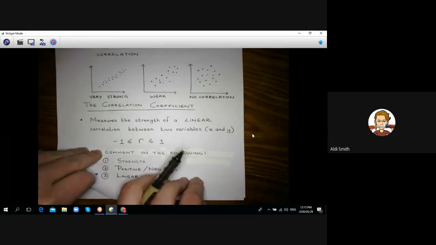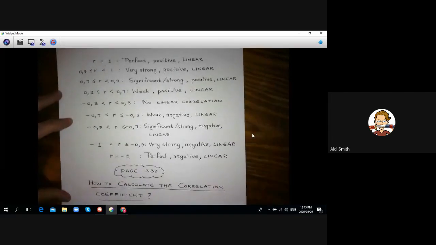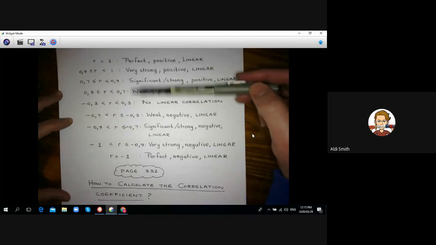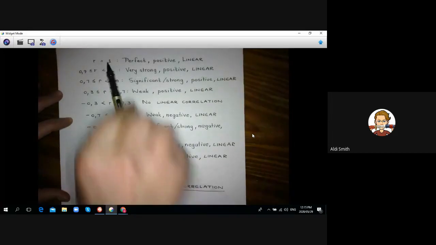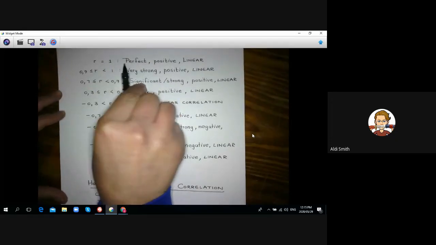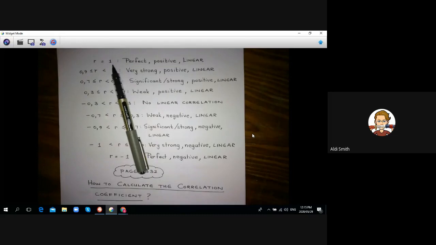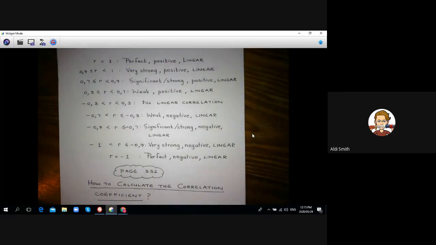Okay. So this is in your textbook on page 332. And this is pretty much your description of all the correlations. So if a correlation is equal to +1, that is what we refer to as a perfect correlation. So a perfect correlation, if I imagine that as a scatter plot, literally means the points look like they lie on the same straight line.